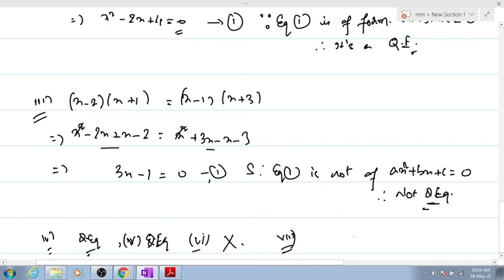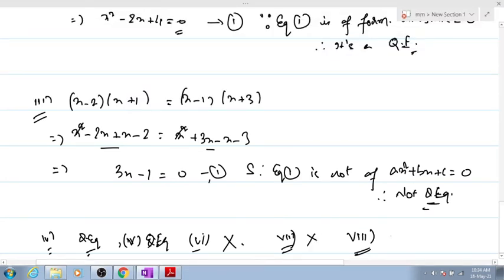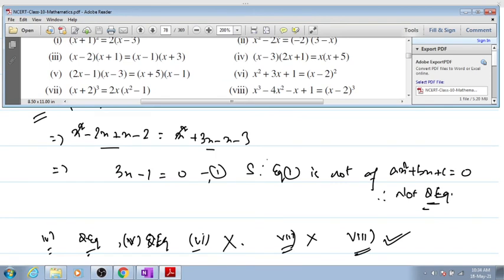How much do you get the answer for the 7th one? Sir, 7 is not quadratic. 8 is quadratic. 7th exactly will not be a quadratic, but question number 8 will be a quadratic because the cube from both the sides gets cancelled out. We are left with x square only.